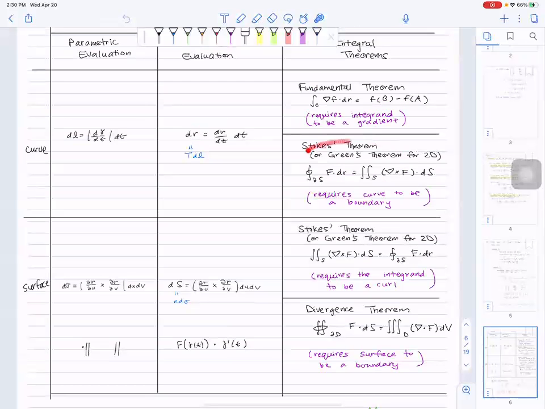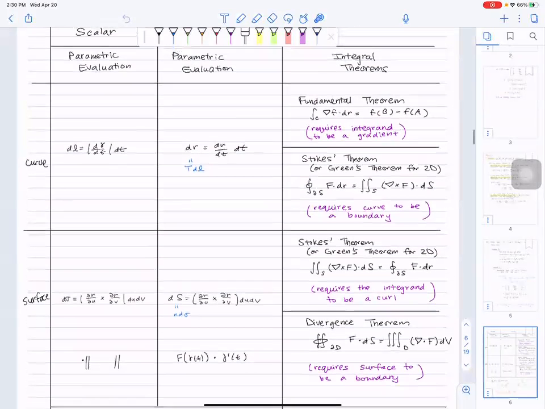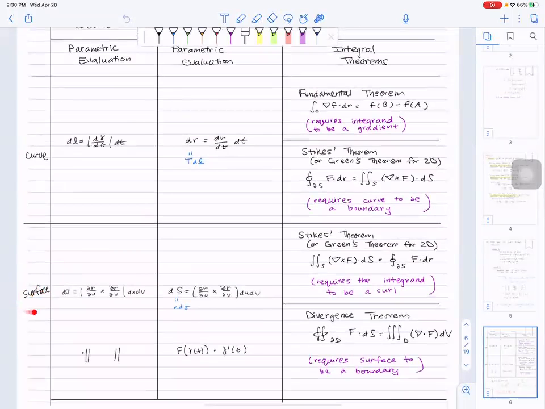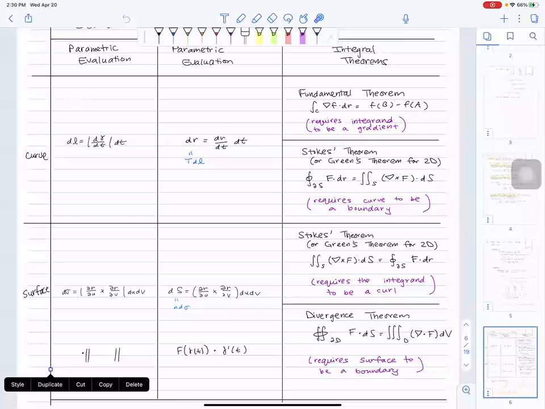And when it's a 3D question and you're using Stokes to calculate the circulation or whatever, do we always parameterize and then follow suit with the Green's theorem we've learned?